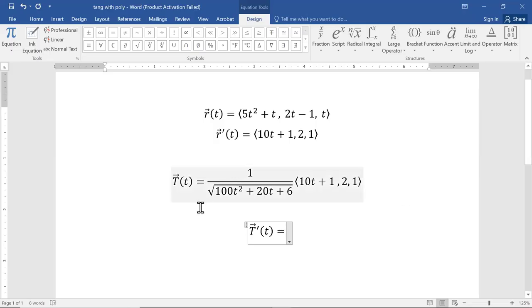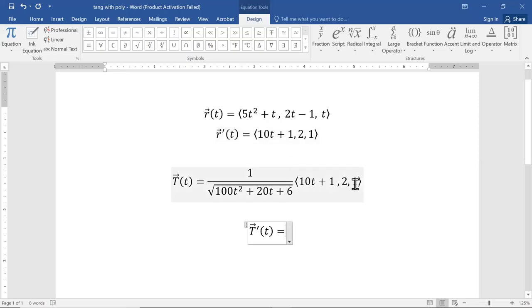Now, I want you to notice that this tangent vector is created by doing a function multiplied times r prime of t.